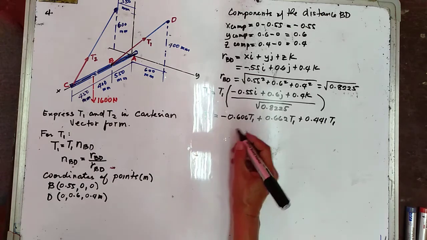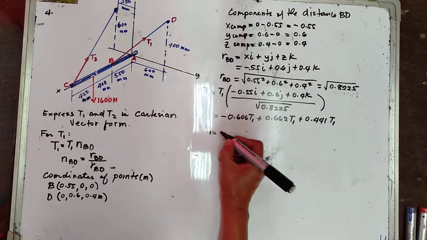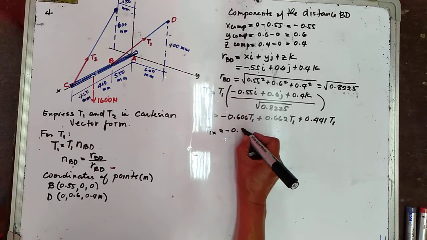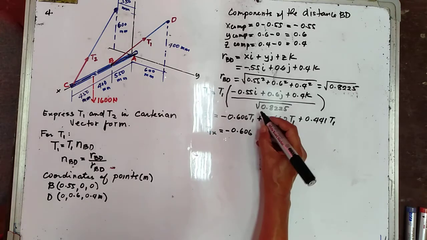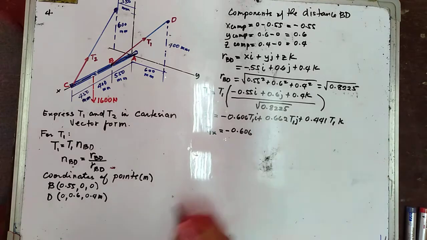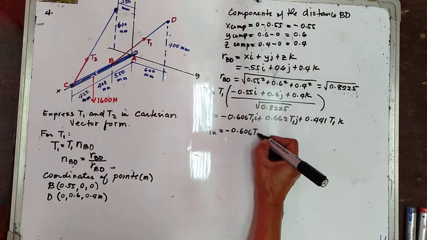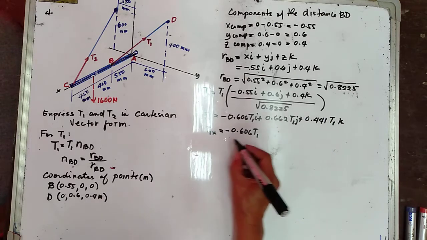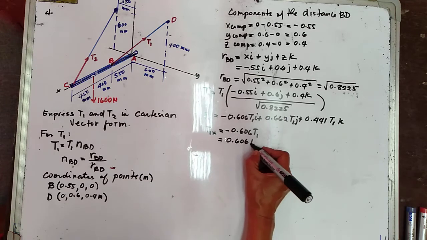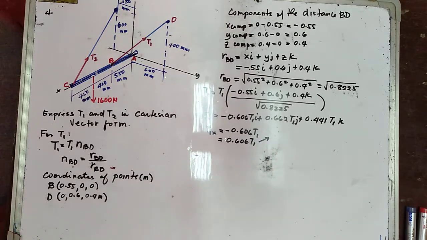So we now have your T1x. T1x is equal to negative 0.606 T sub 1, and this is going backward.